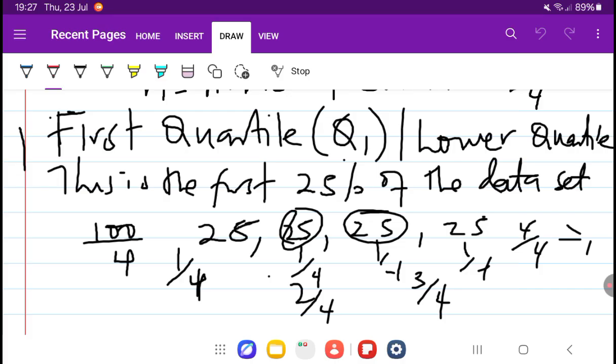Remember, we are taking the data and dividing it in the middle. When you divide it in the middle, we get how the data is going to be spread on those different halves. The first half is going to be divided into another half. It will give you a quarter, because if you have a half and you divide it by 2, you get a quarter. It's the same thing as saying 1 over 2 divided by 2. It gives you 1 over 4.